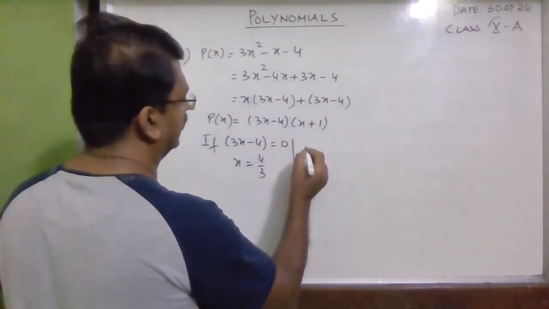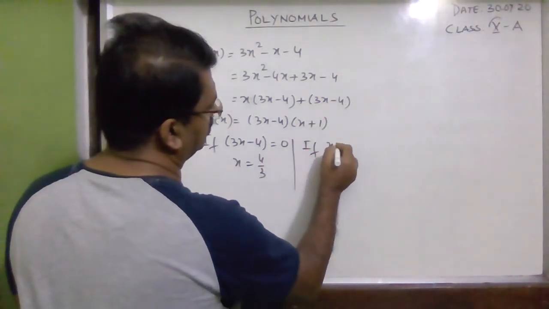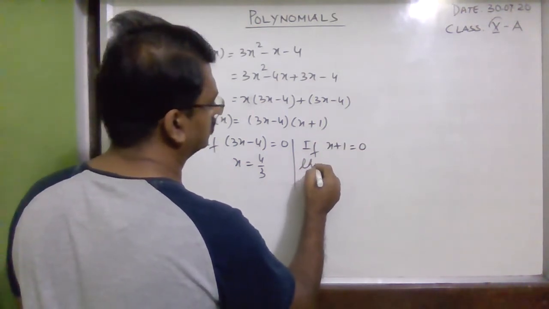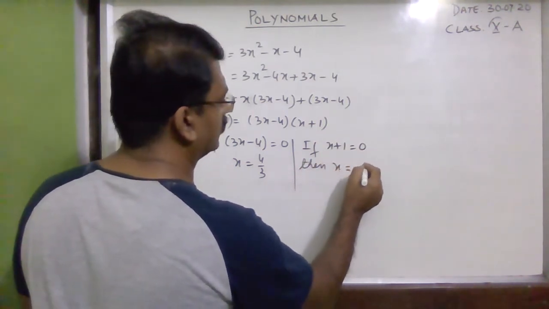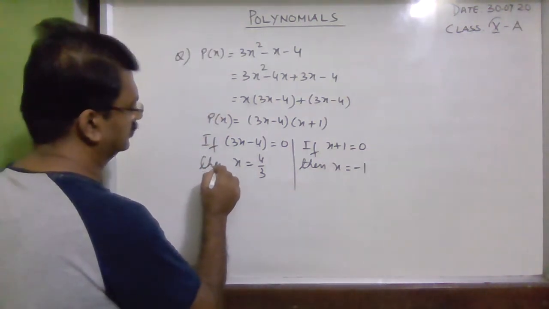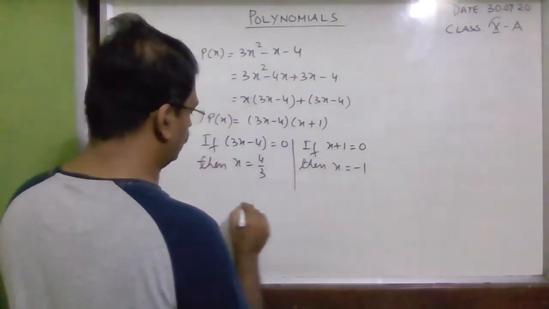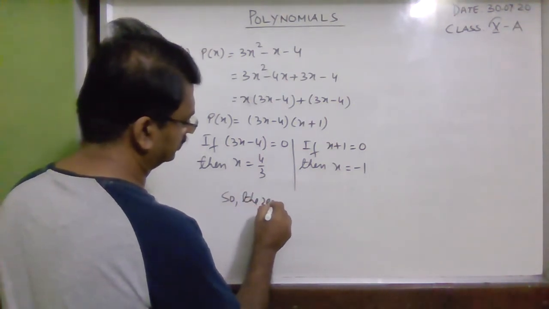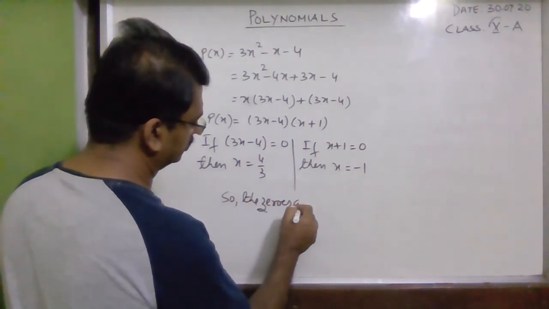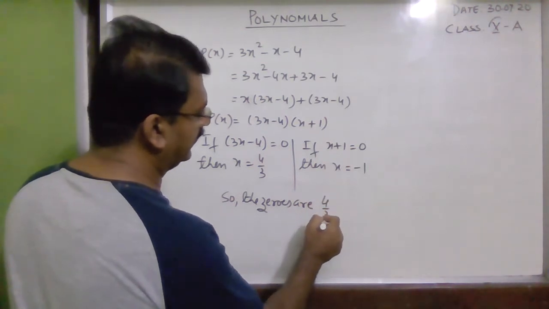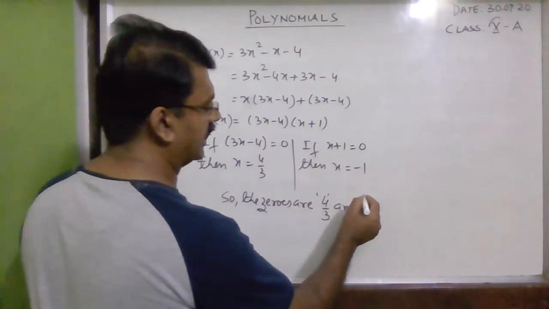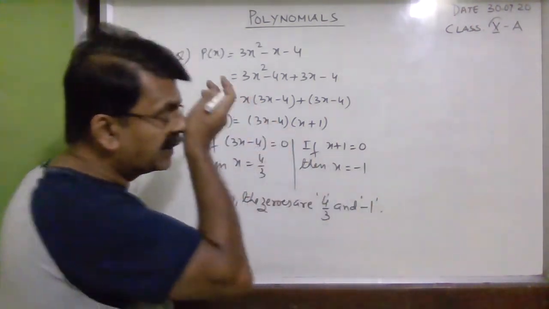And then if x plus 1 is equal to 0, then x is equal to minus 1. So the zeros are 4 by 3 and minus 1.